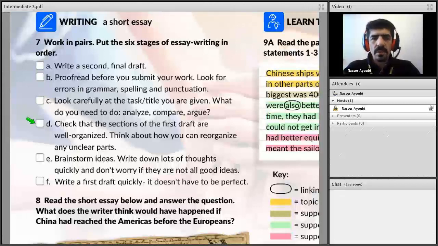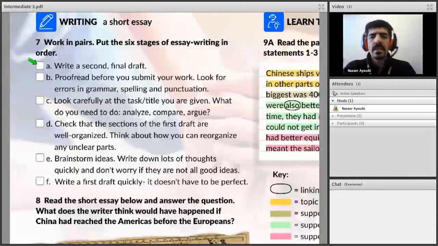If they are not well organized, you will change them. Think about how you can reorganize any unclear parts. They have to be in a logical order. The paragraphs and the ideas that you have included in your essay should be in a logical order. They should be in connection with each other. So 4 is D.